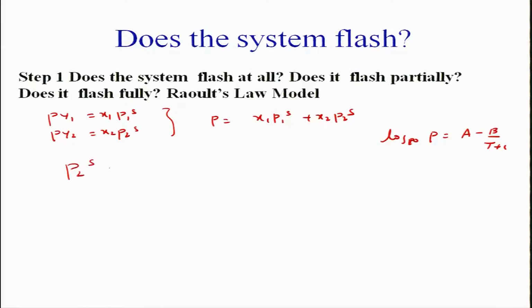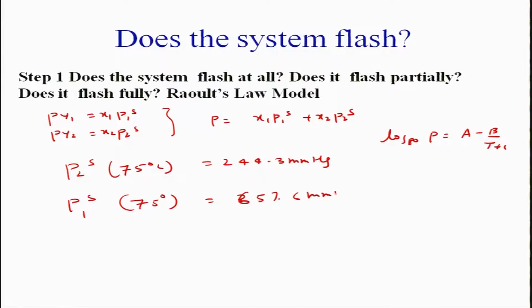Again you can take a look at the NIST website for the details. This is the saturation pressure at 75 degrees Celsius. So, we are looking at the final condition. The initial inlet temperature may change, but we are looking at the final system conditions. So, P2 sat is given and this is also given. Once this is given, you can find out the pressure.